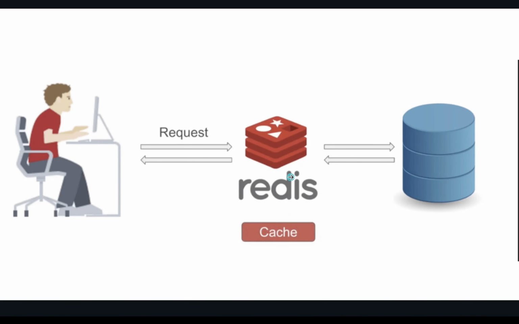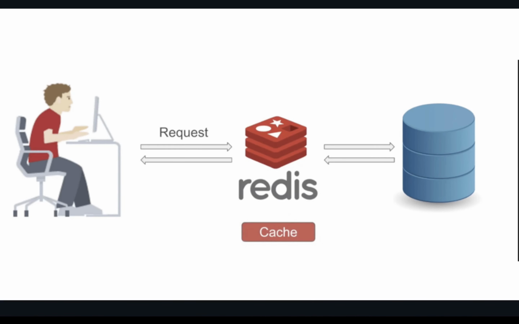Now you might ask me, is there any difference between Redis and other traditional databases? Yes, there is, because Redis uses your RAM to store data, and a traditional database stores data on disk. That is why Redis is so much faster than other databases.